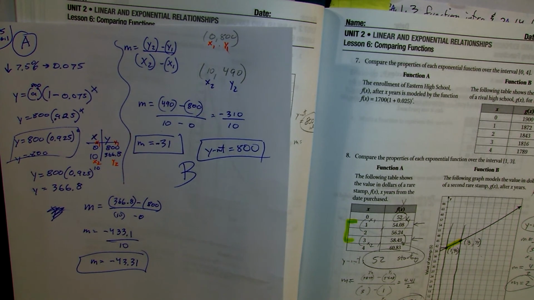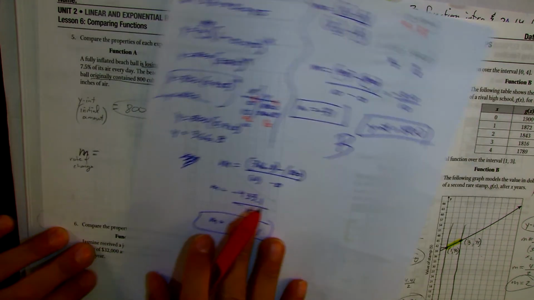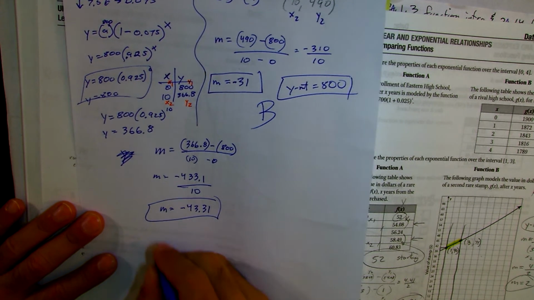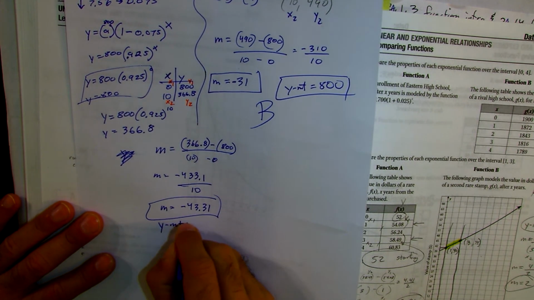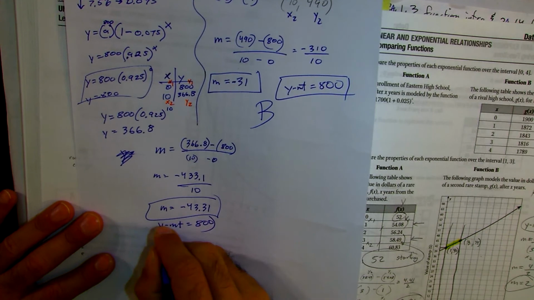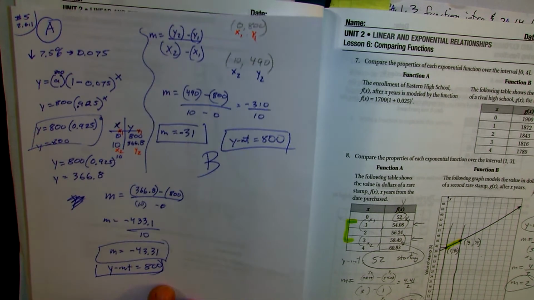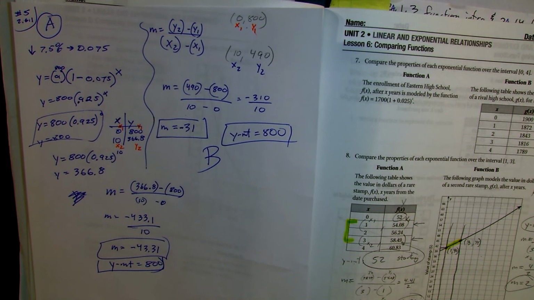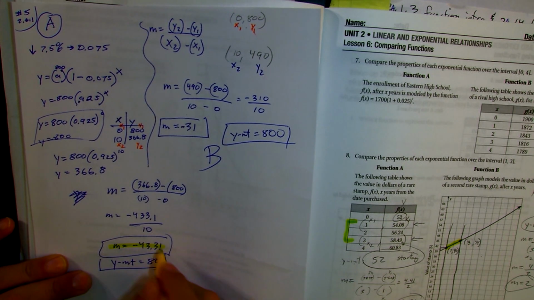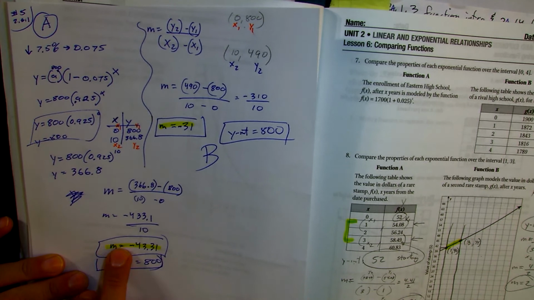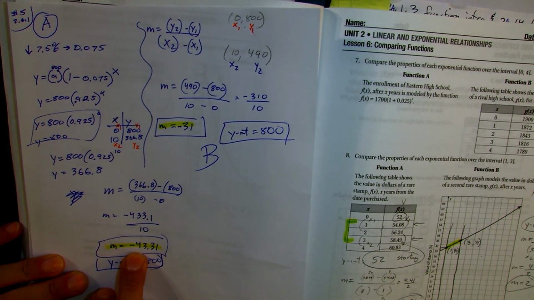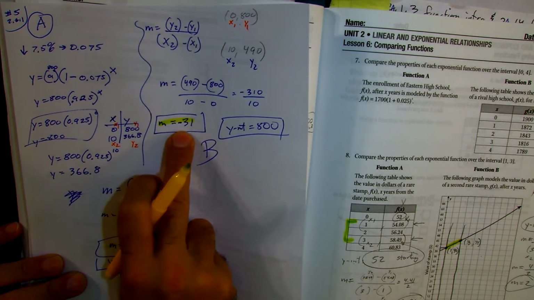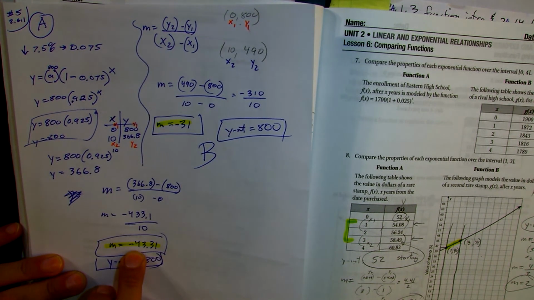Let's see. Where can we bring all this together now? Down here as well, we had the y-intercept. We knew it was 800. So look, now I just have to explain what just happened. Look at our slopes. Function A is decreasing faster. It's a larger negative. It's negative 43 versus negative 31. It's decreasing faster. Function A and function B start with the same initial amount.